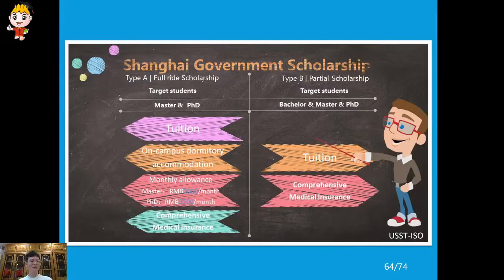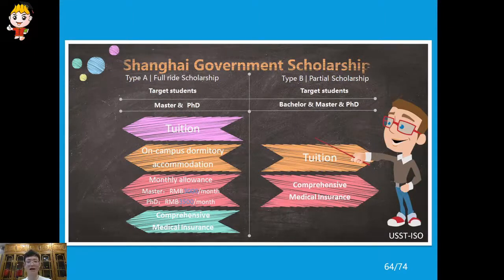So another one is for SGS, two categories here. The first one is type A. The second one is type B. The type A we call it the full scholarship. 4 aspects covered here, including the tuition, the dormitory or accommodation, also the monthly allowance, also the medical insurance will be covered by the SGS type A full scholarship.